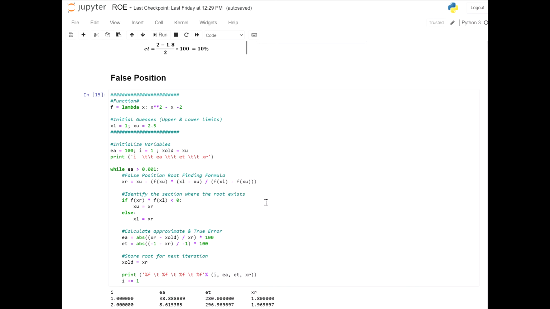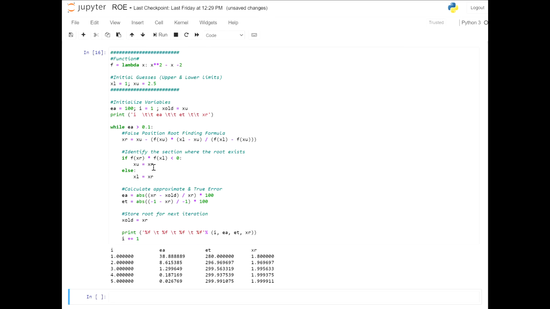So given that this is how XR is defined, let's see how the false position is going to compare to the bisection. I'm going to start with an upper limit of 2.5, a lower limit of 1, and let's start with an error of 0.1 and see how many applications of the false position it's going to take to go below 0.1%. As you can see, it takes 5 applications of the false position.